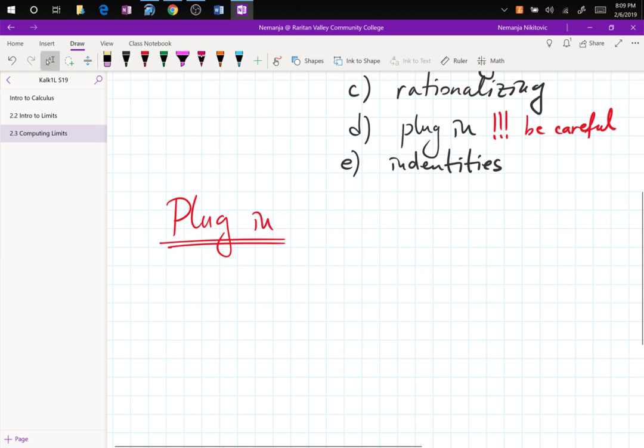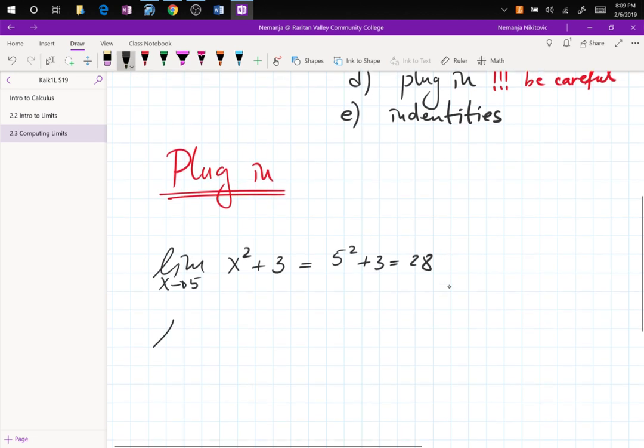So plug in. Let's put some examples of when it works just fine. Say, the limit as x goes to 5 of x squared plus 3. Well, this one you can compute as 5 squared plus 3 equals 28, and you're done. The limit of sine x as x approaches pi over 3.